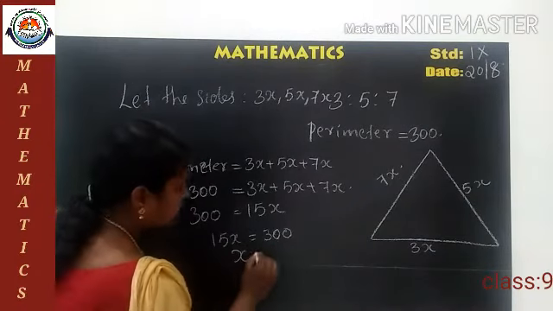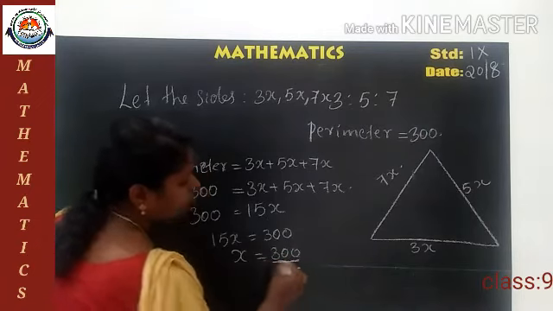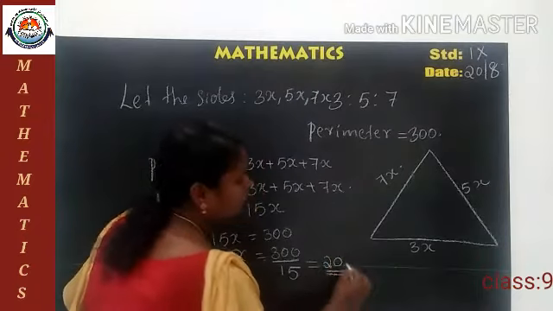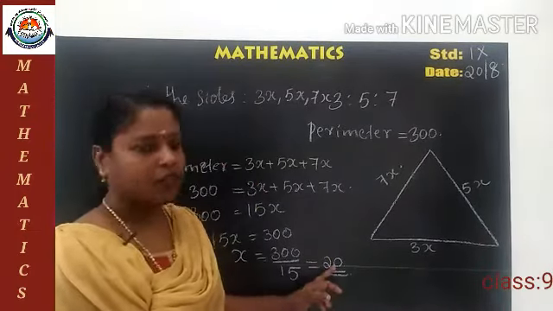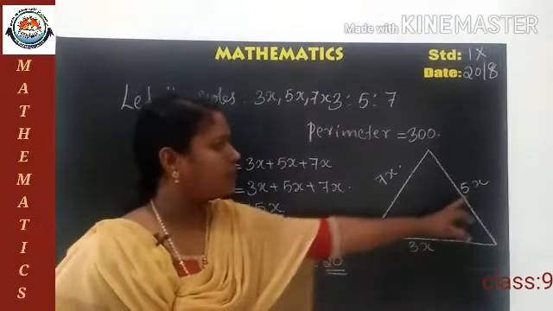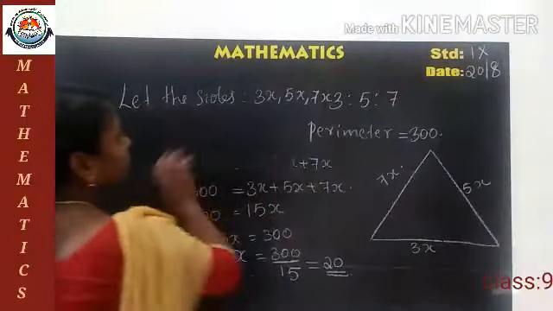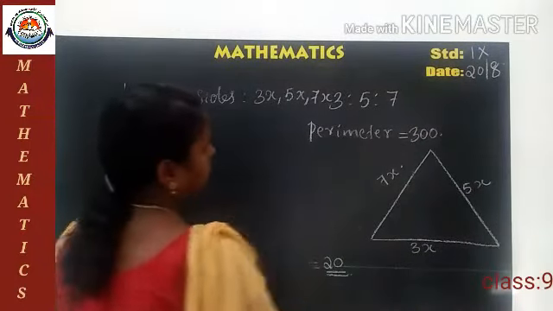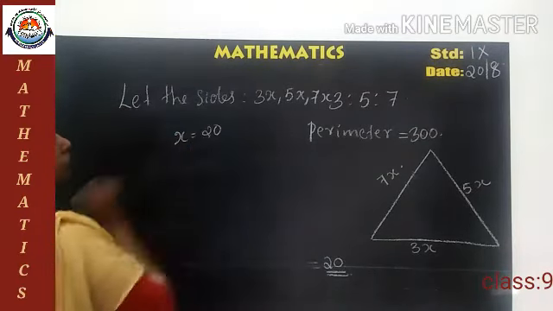Then x is 300 divided by 15, which is equal to 20. Therefore, x equals 20.